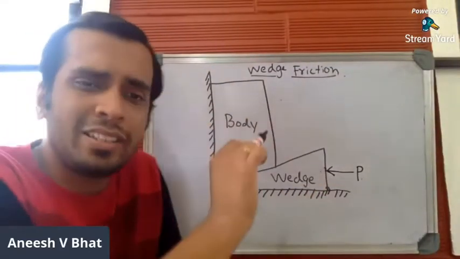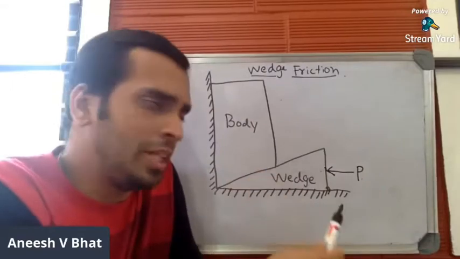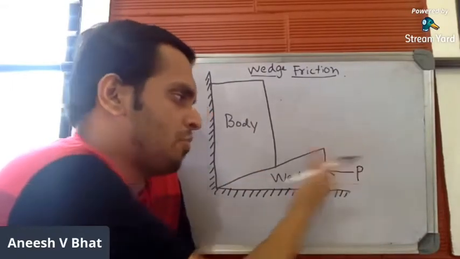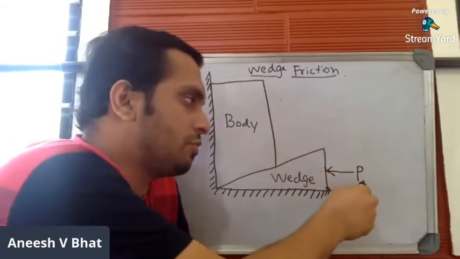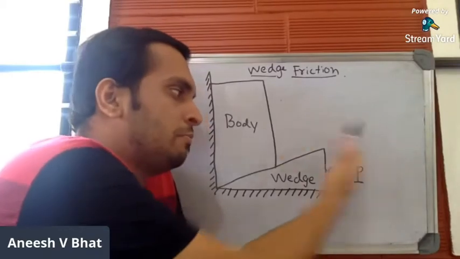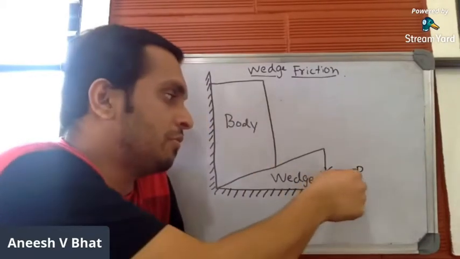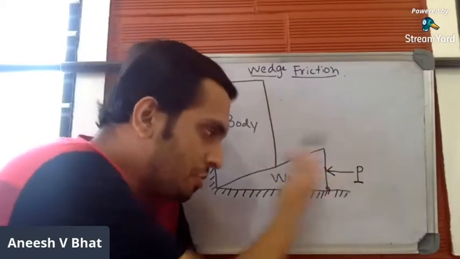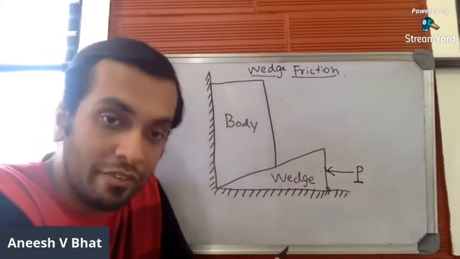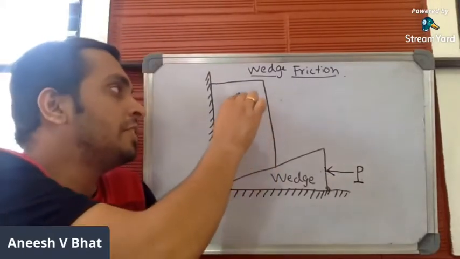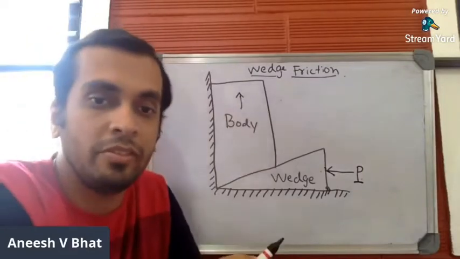See, the mechanism remains very simple here. The wedge is being pushed with the help of an external force P in this direction. When you push the wedge horizontally to the left, the body will be lifted vertically upwards.